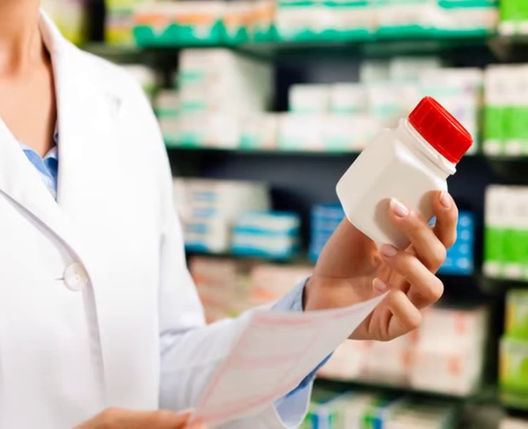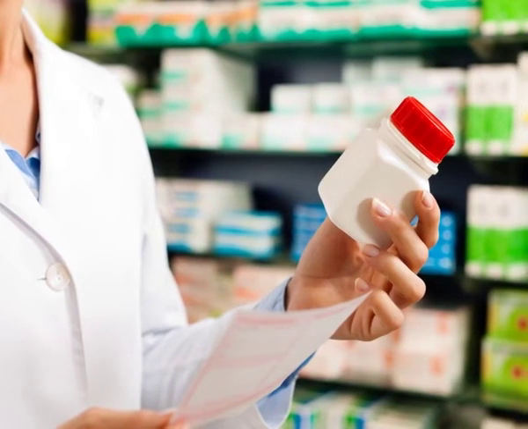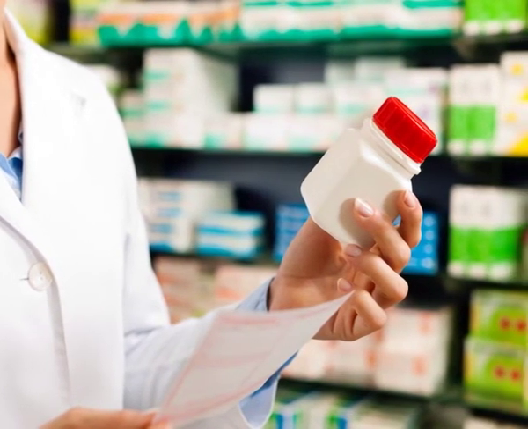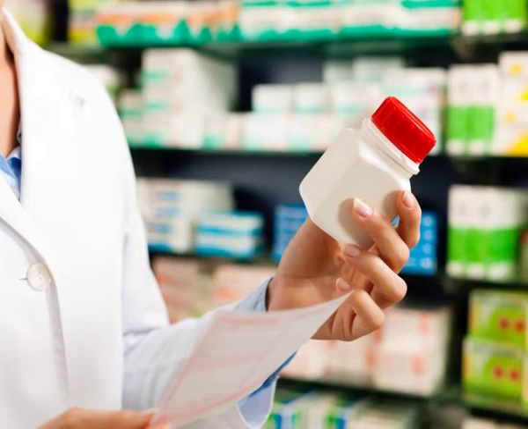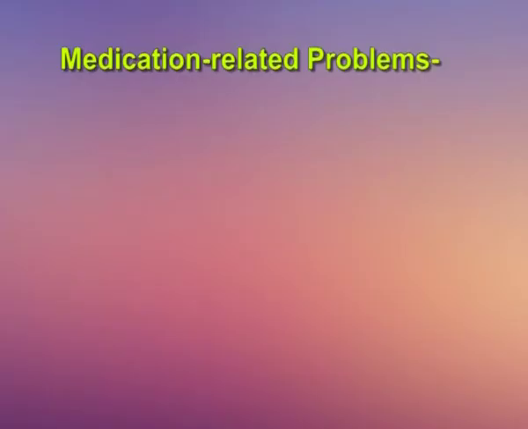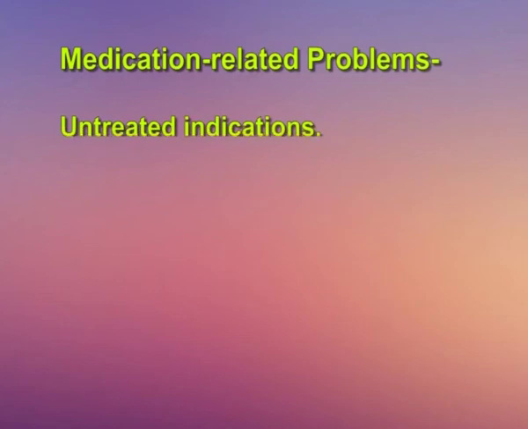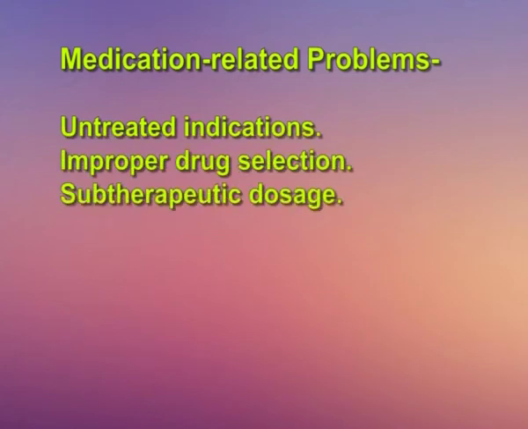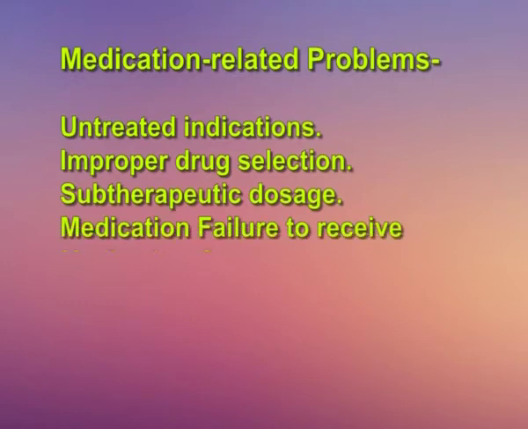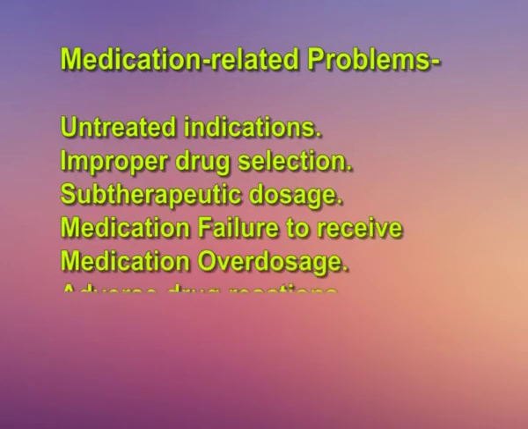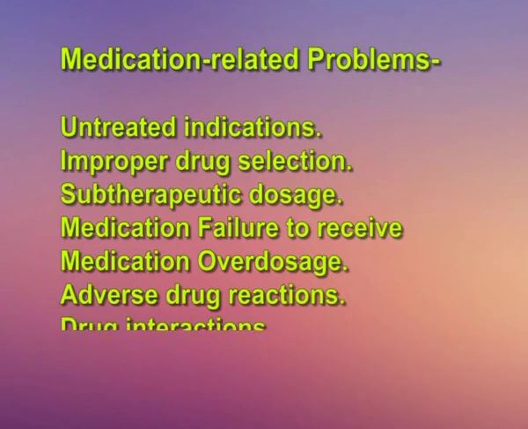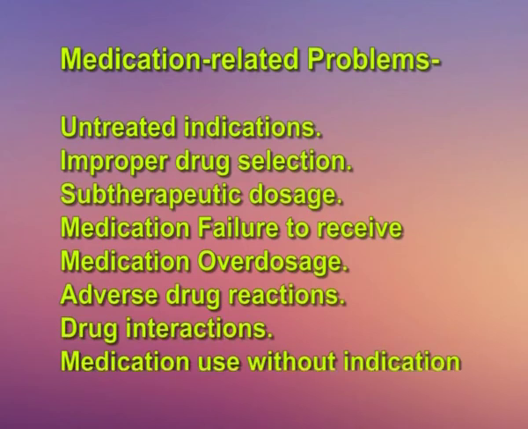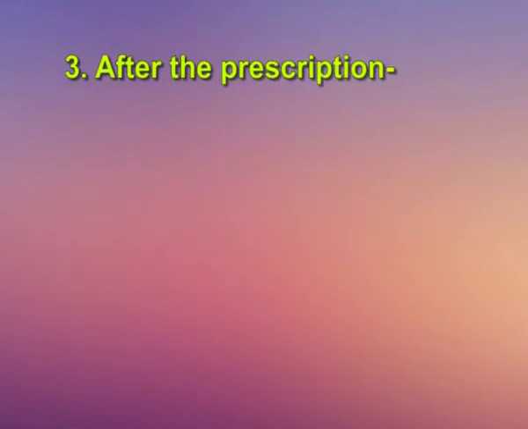A community pharmacist can also make prescription decisions directly when over-the-counter drugs are counseled. Medication-related problems: untreated indications, improper drug selection, subtherapeutic dosage, failure to receive medication, overdosage, adverse drug reactions, drug interactions, medication use without indication.